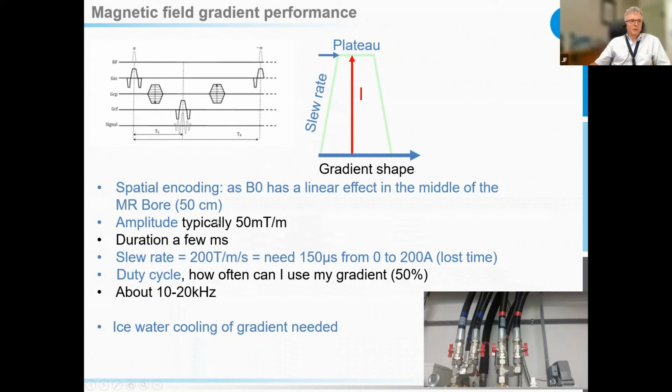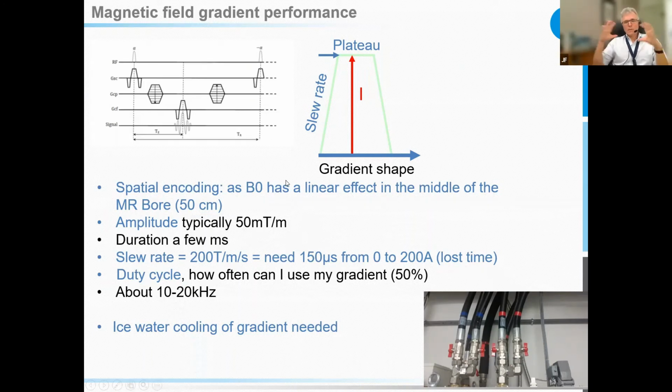Today, we typically have 50 to 80 millitesla per meter. In space, we add some magnetic field going from 0 or minus something to plus something, and the range here is about 50 to 80 millitesla per meter.